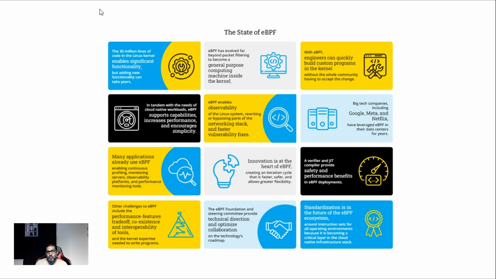And when talking about the clouds, most of the cloud providers are using the eBPF, as we talked about. Google, Meta, and also Netflix have been leveraging eBPF in their data centers for years. And one more thing to notify you, even for the open community, Google, Meta, and Netflix are also supporting to improve this eBPF program.